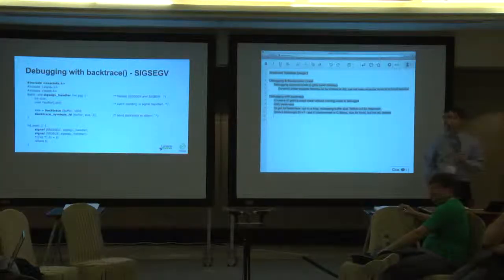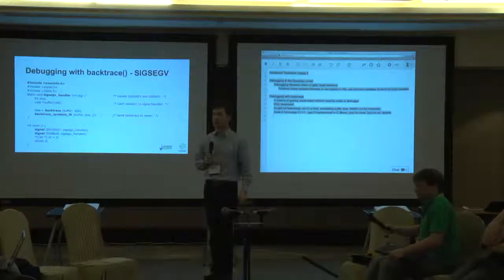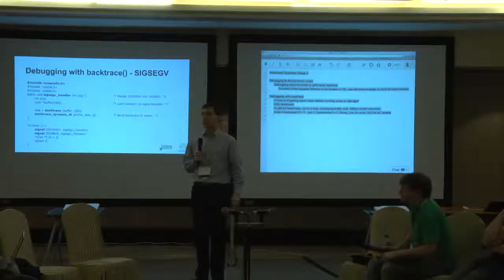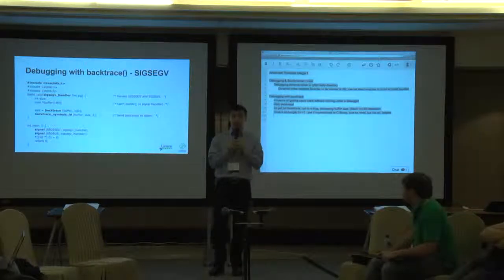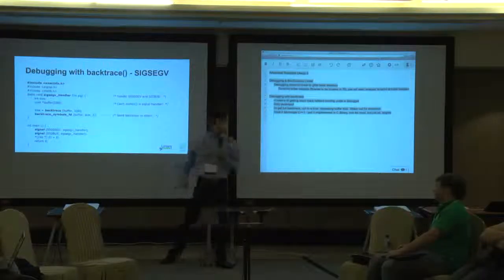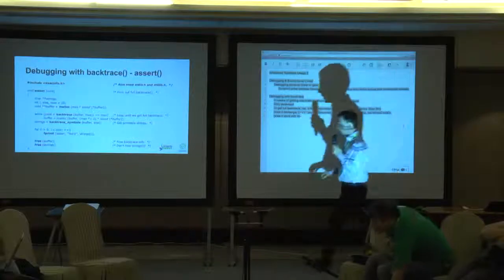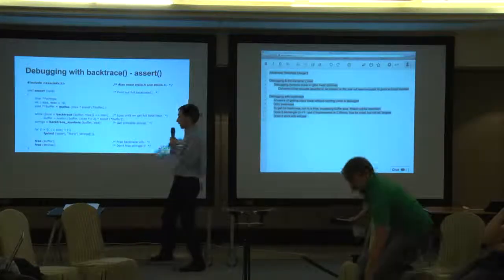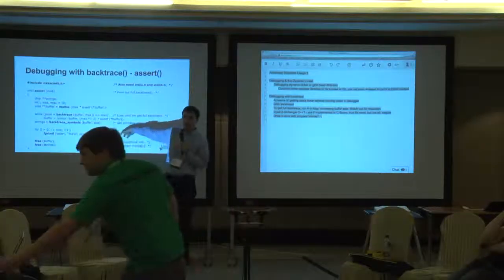Does it work with stripped binaries? Yes. So the trick here, from the previous slide, is that you will always get a correct backtrace. The difference will be in backtrace symbols and in the strings that it will return.